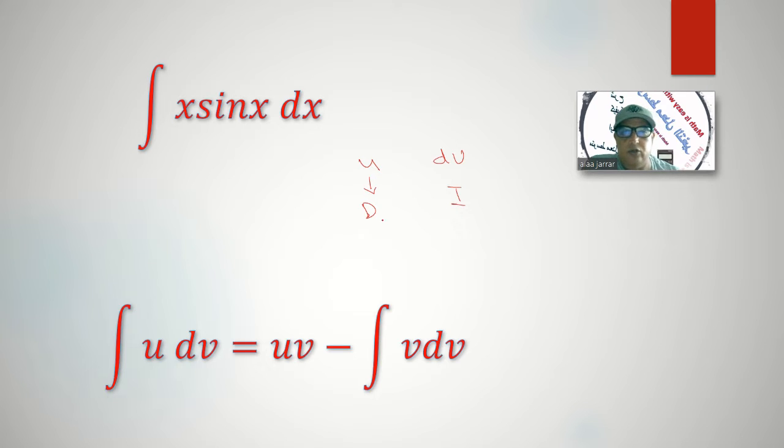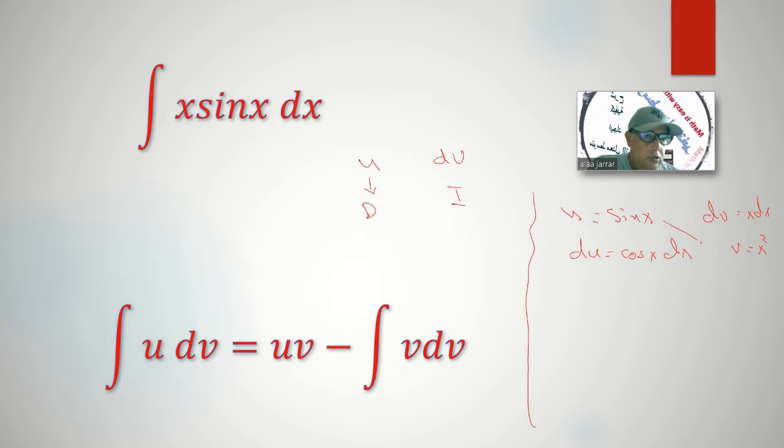Now, if I choose u as sine x and dv as x dx, then du equals cosine x dx, and v will be x squared over 2.